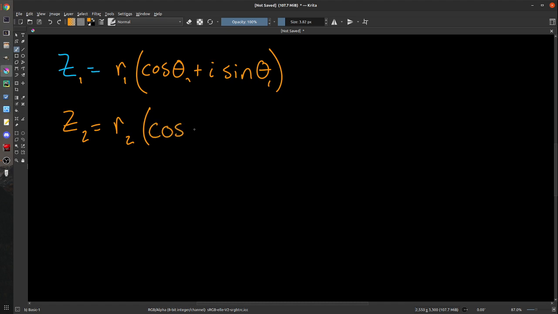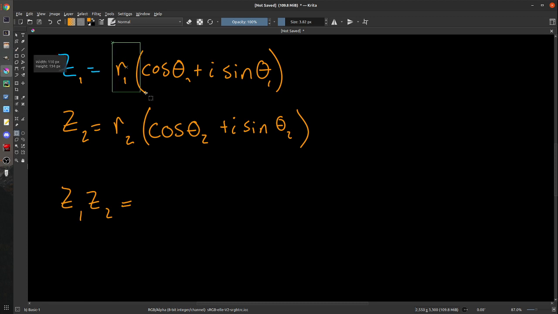So cosine theta 2 plus i sine theta 2. When you multiply things, let's just actually go through and do it. So z1 z2, we'll get, well, let's just write it out.